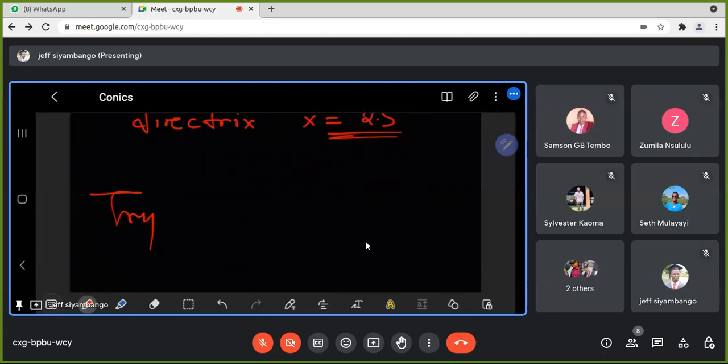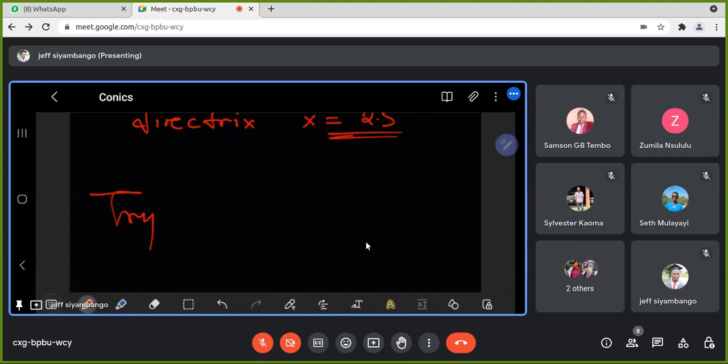And after that, give the equation of the directrix and sketch it. And what are you going to have here? So this is R equals, the first one is 12 over 2 plus 4 sine theta.